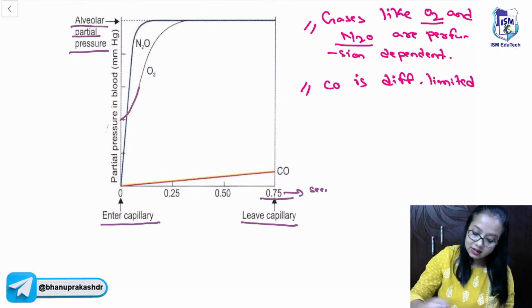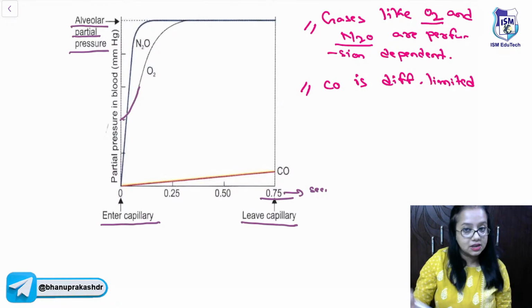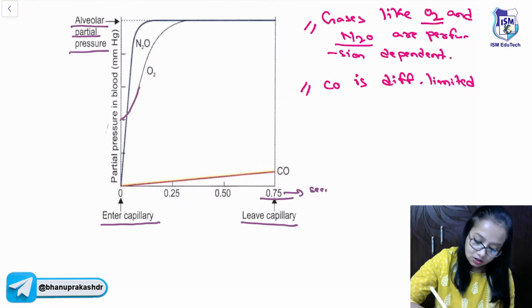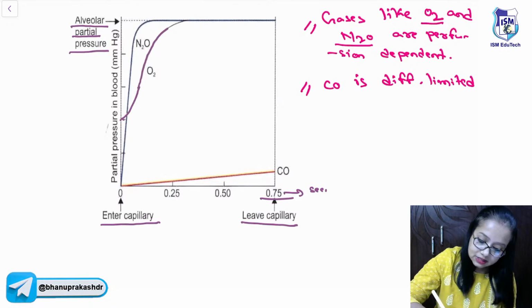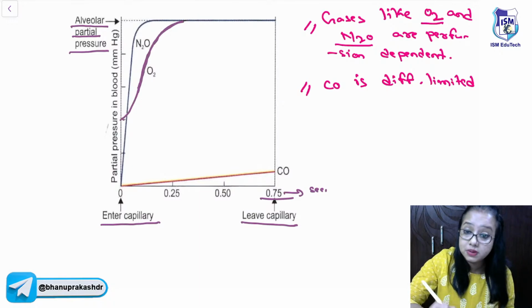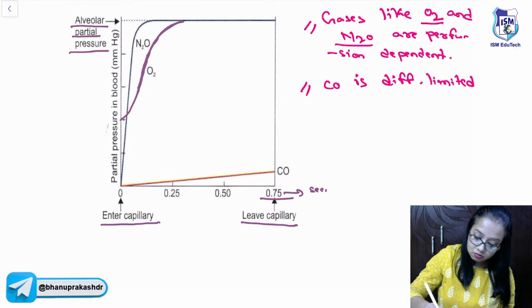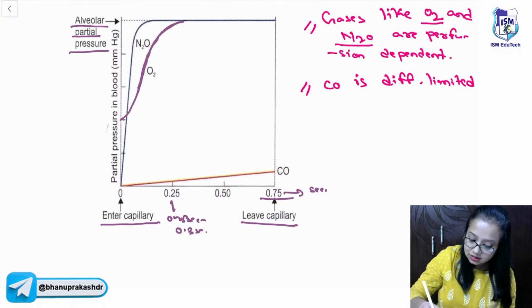Like the blood, it takes about 0.7 seconds to enter the capillary and leave the capillary. So oxygen, when it is entering the capillary, becomes stable. The diffusion equilibrium is attained within 0.25 to 0.3 second.